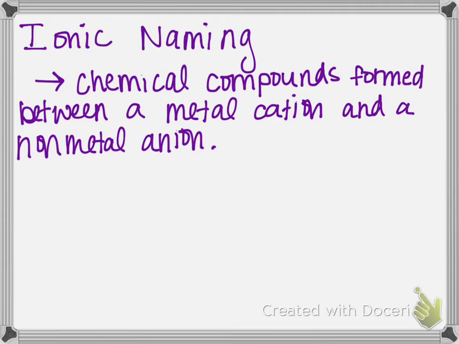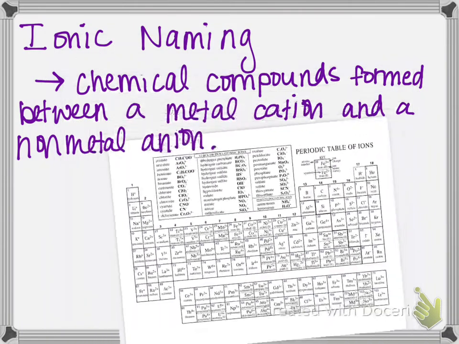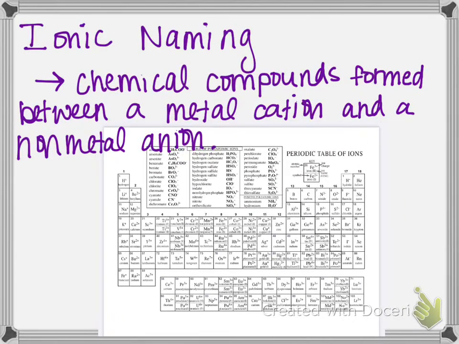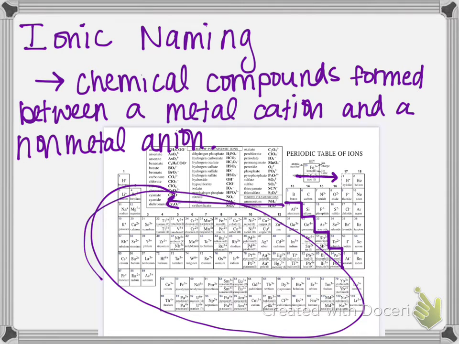So look at your periodic table of ions and look at how it's split, right? Here is the stair step. And we know metals are all to the left of that on the stair step. Non-metals cover this section of the periodic table. If you'll notice, all the metals have a positive charge, right?